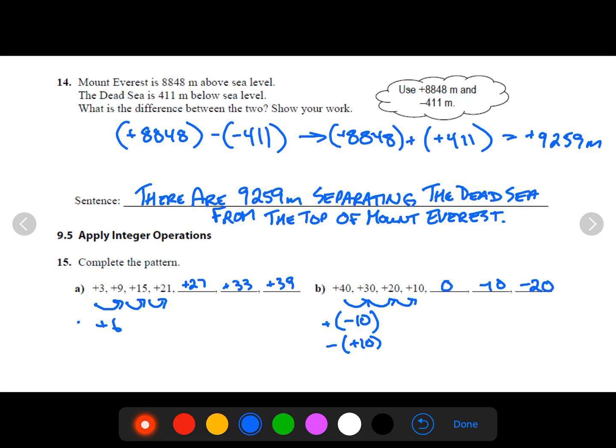Likewise over here we could say that we're adding positive 6 or we're subtracting negative 6. Those have the same meaning. Those are equal, as are these. They have the same net effect.